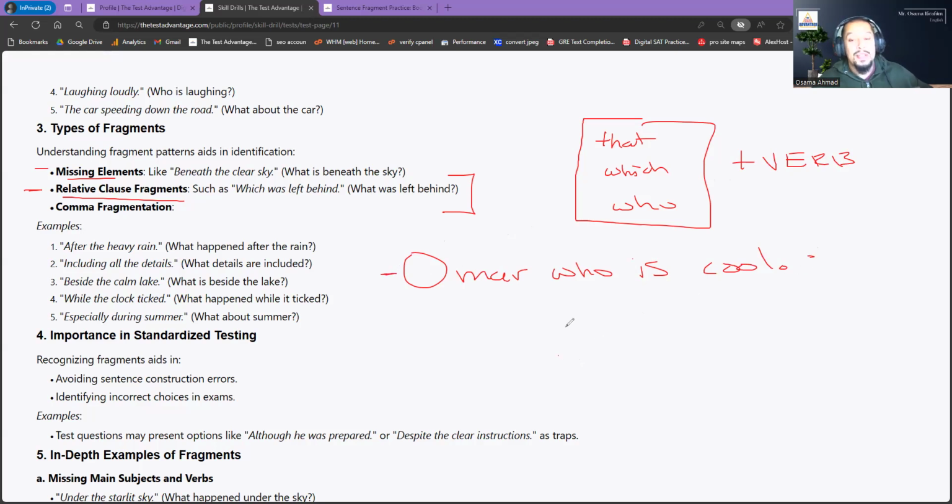It's a fragment. ده اللي بيقولوا عليها fragmented or relative clause fragment. فين السبجكت يا أنس؟ عمر. فين الverb؟ There's no verb. There is a verb. Is. Why is it a fragment?